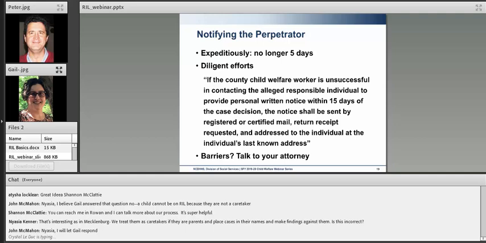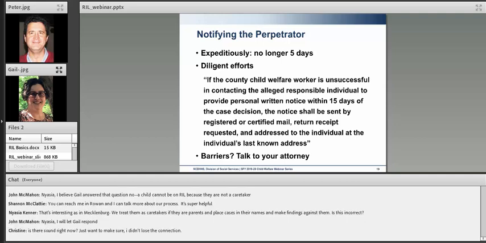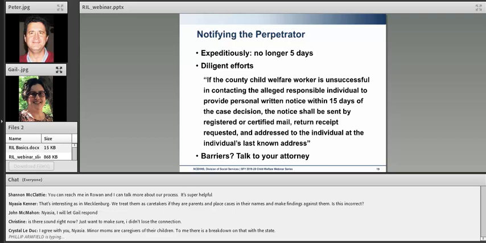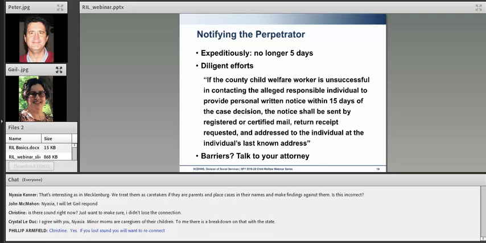You won't be hemmed in by, oh God, we need to do this within 5 days. But you do need to do it expeditiously. And really all that means is you can't dally. You've got to make your efforts. And as you all know, if you didn't write it down, it didn't happen. So make your efforts and document, document, document.